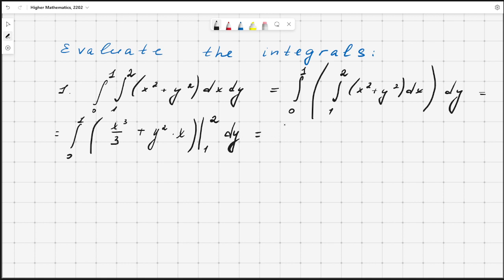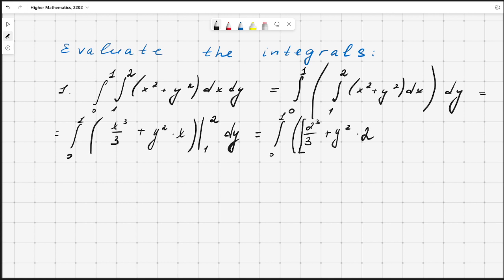Substitute, integral from 0 to 1. Firstly, x is 2 in this place and in this place. We will have 2 cubed over 3 plus y squared times 2.